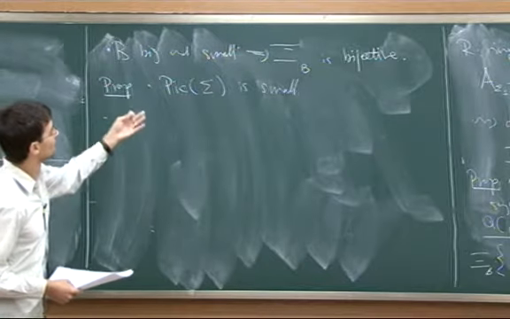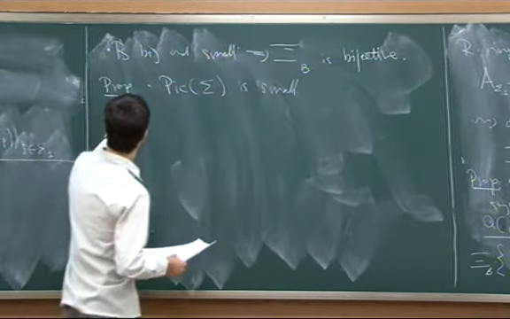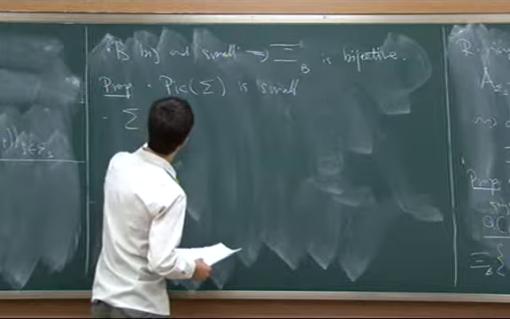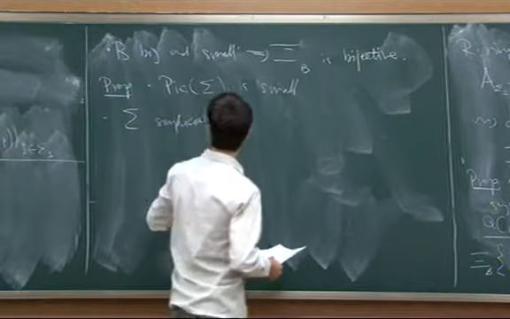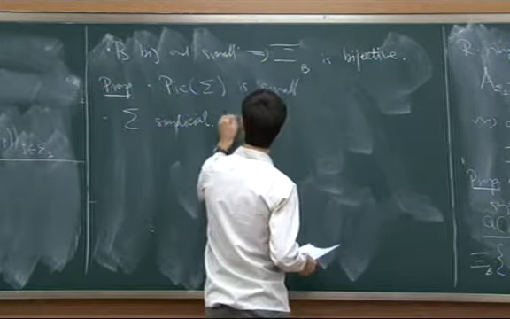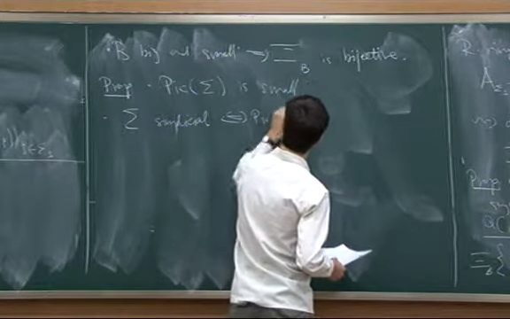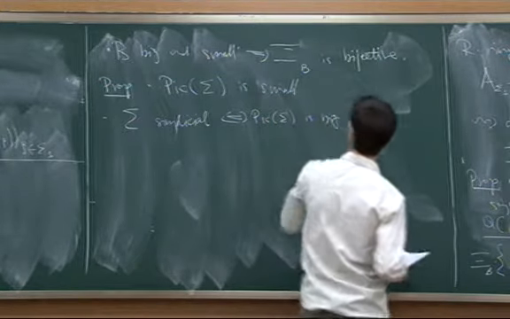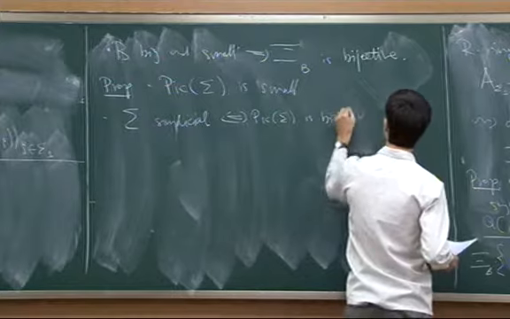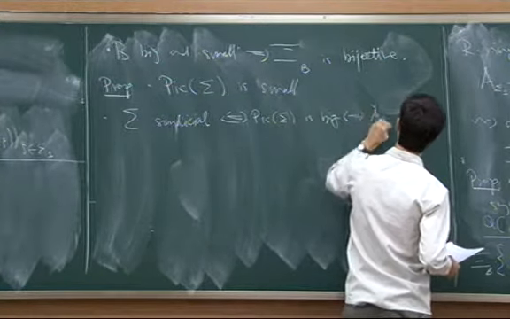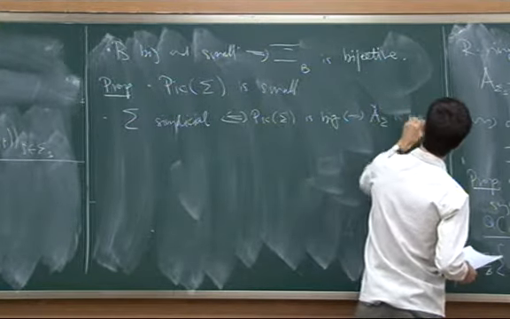And of course now we wonder, when is this big? And the result is as follows. The fan is simplicial if and only if the Picard group is big, if and only if sigma is big.